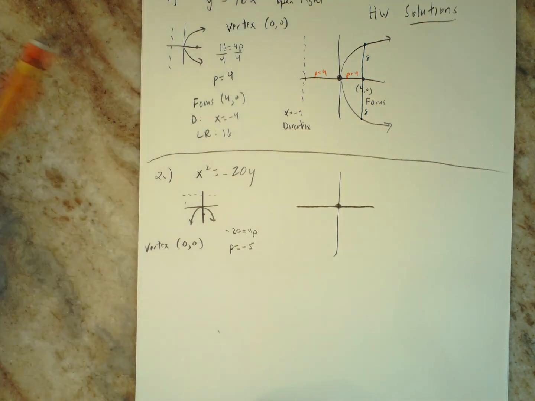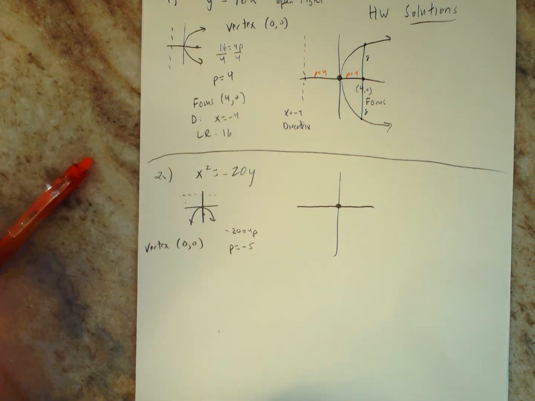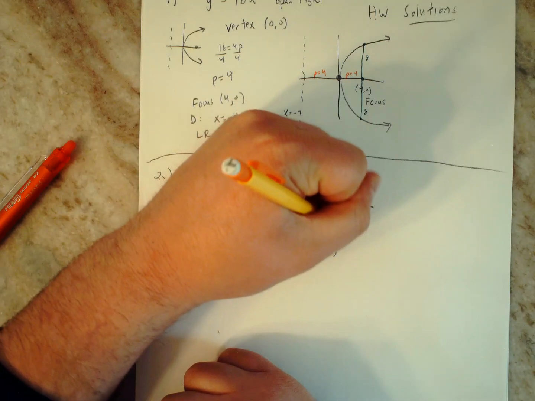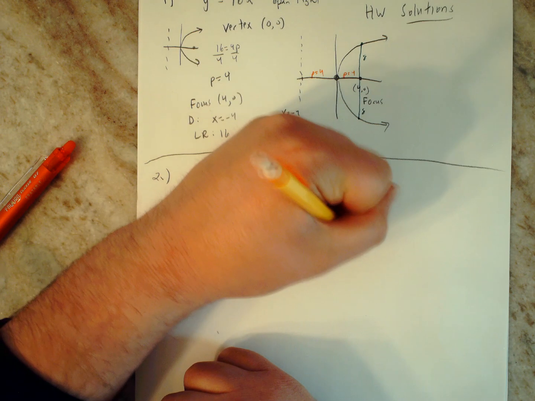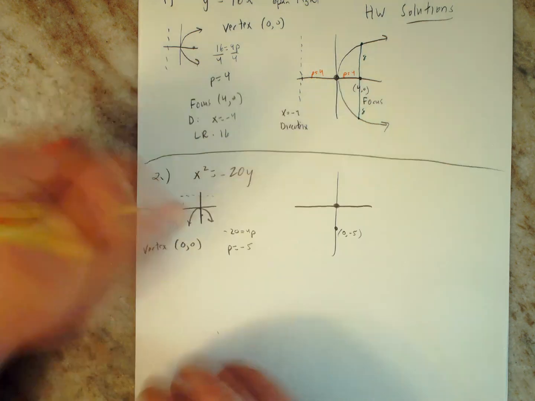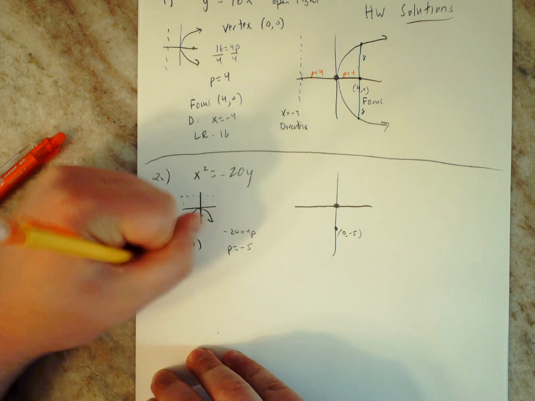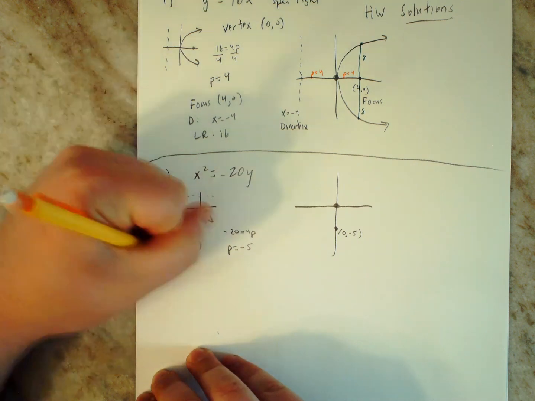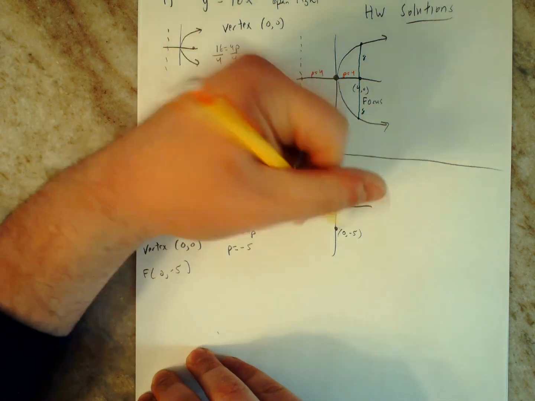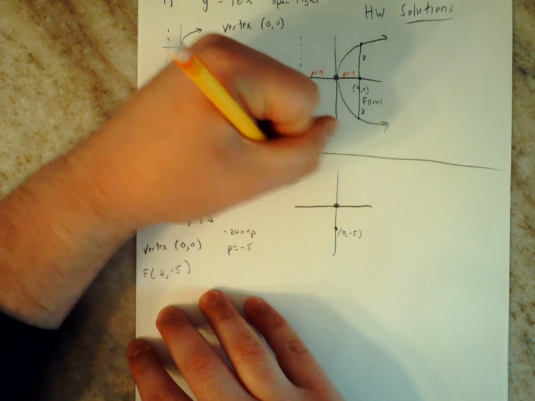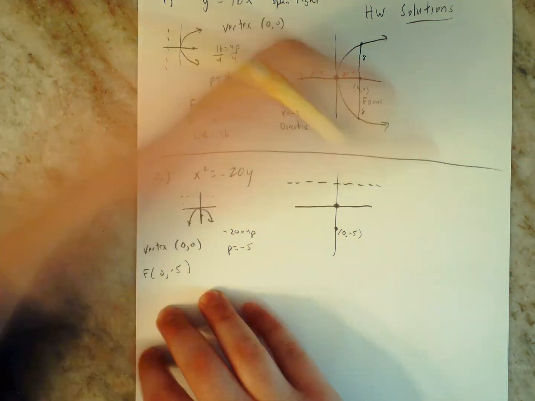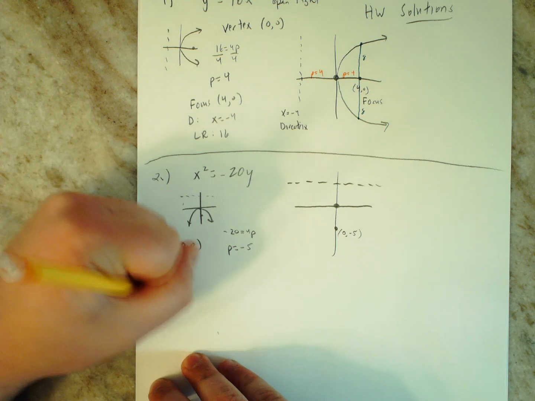So that tells me that my focus should be 5 units away. So this is going to be 0, negative 5. So my focus is 0, -5, and my directrix should be 5 units away in the other direction. So here. So directrix should be y equals 5.